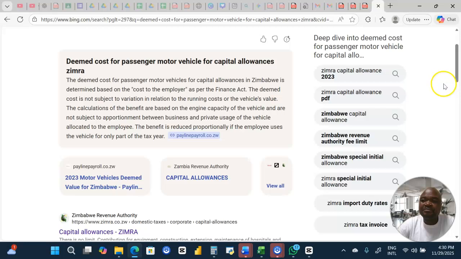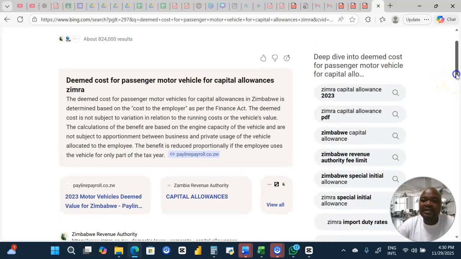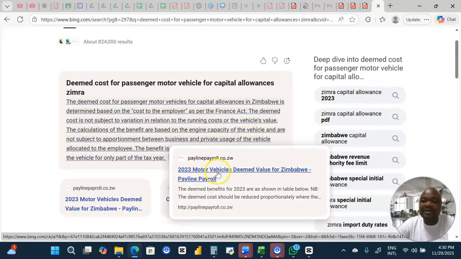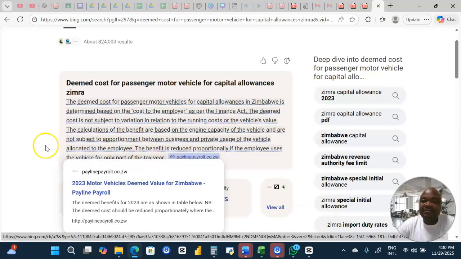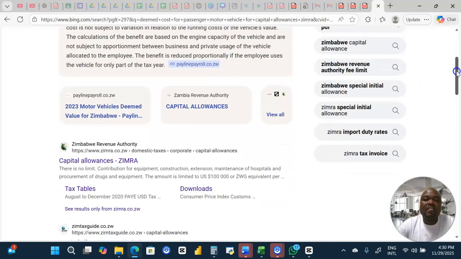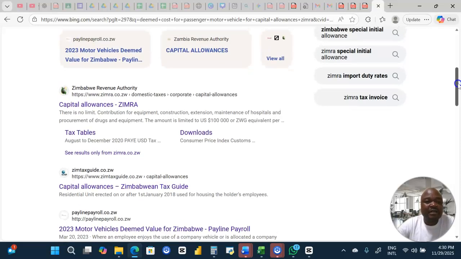So here they are saying, this is not similar actually, but some people who wrote it say that the deemed cost for passenger motor vehicles for capital allowances in Zimbabwe is determined on the cost to the employer as per the Finance Act. Okay, so that's what they're saying there.